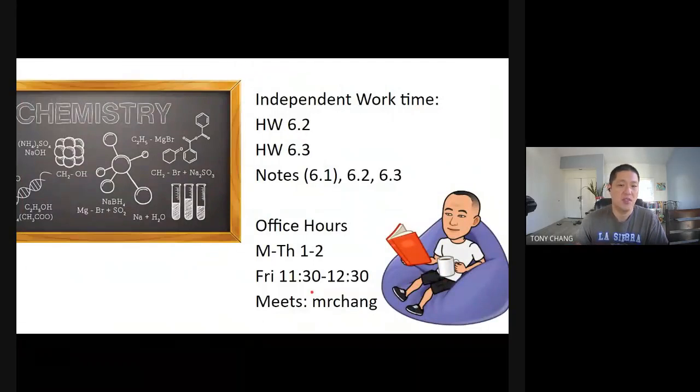All right. So you guys are working on, it says work on 6.2, 6.3 homework assignments, but I clumped them into one. Okay, it's one big assignment. And it also includes a little bit of 6.1. So you have one homework assignment. It says chapter 6 on it. And your notes, all your notes. Chapter 2, section 2 was very, very small.